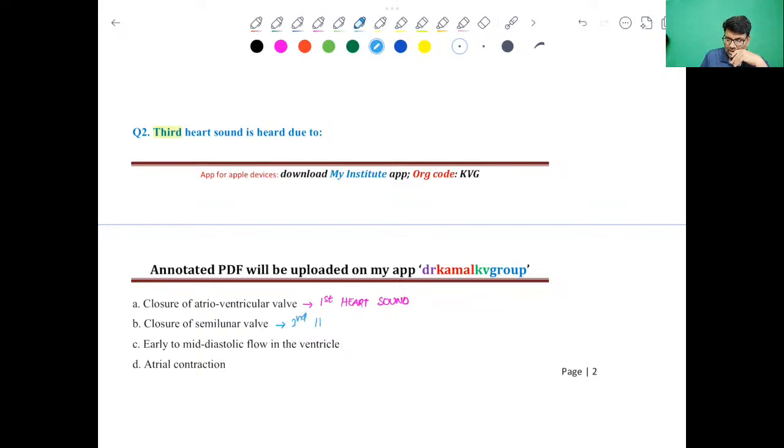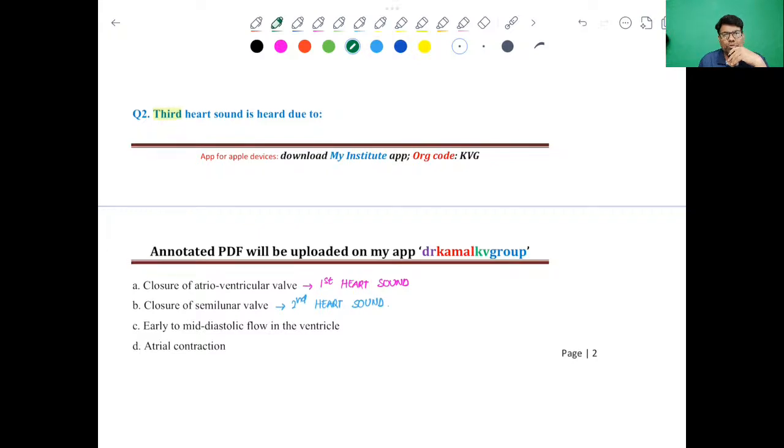produce second heart sound, that is aortic and pulmonary, and there are two heart sounds which are heard in the diastole phase.